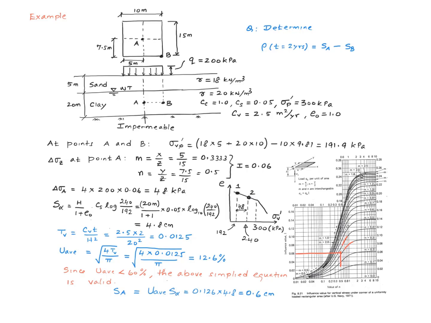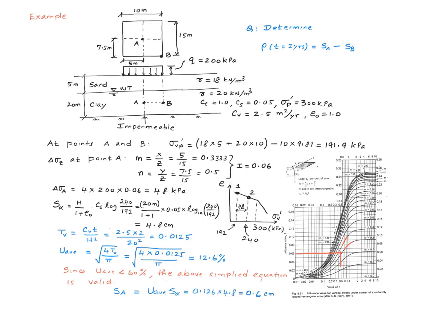Anyway, since the time factor turns out to be reasonably small, I took a chance and applied the simplified equation I talked about before. So this simplified equation is valid only if U average is less than 60%, right? But I don't know that until I calculate that.